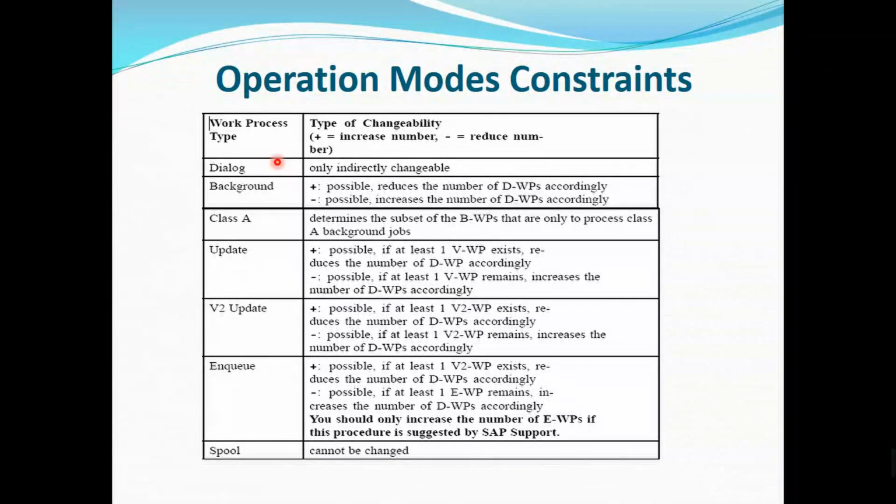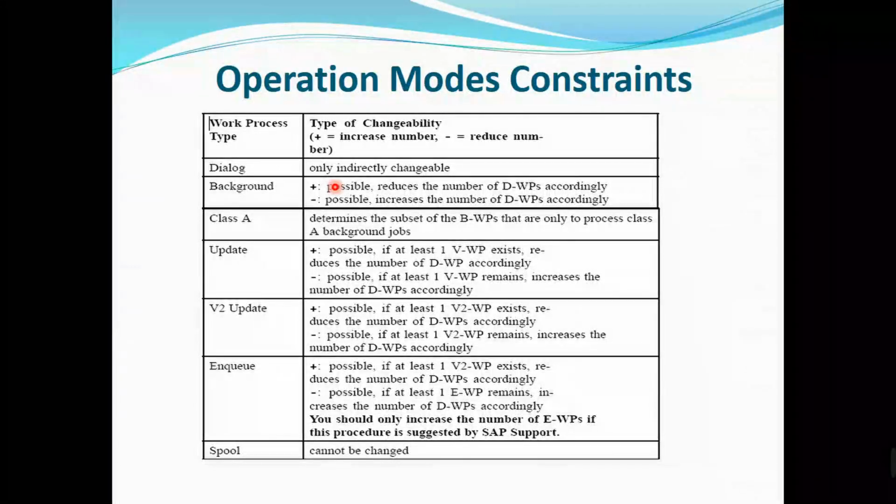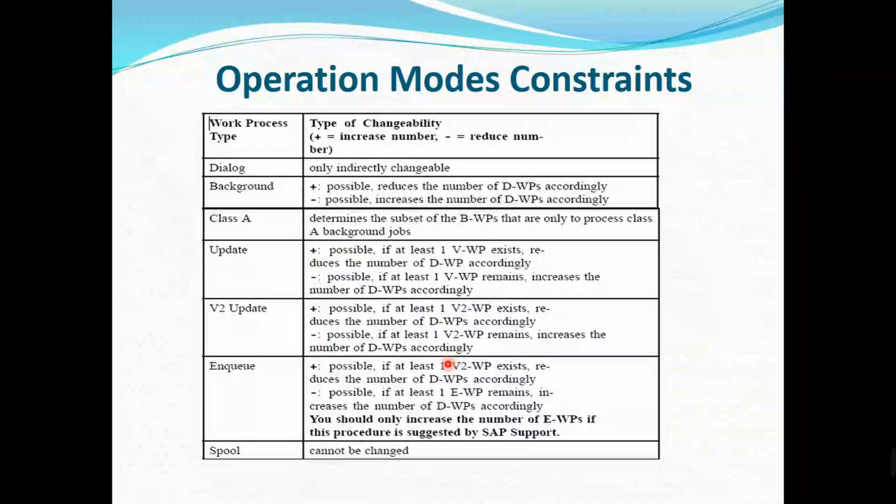If I change the background work process number by pressing the plus sign to increase and the minus sign to decrease, along with update 2, enqueue, and spool, the dialog work process number will change automatically. At the same time, we cannot change the spool work process number. It will be fixed. So when we change all this, these two will be changed accordingly.